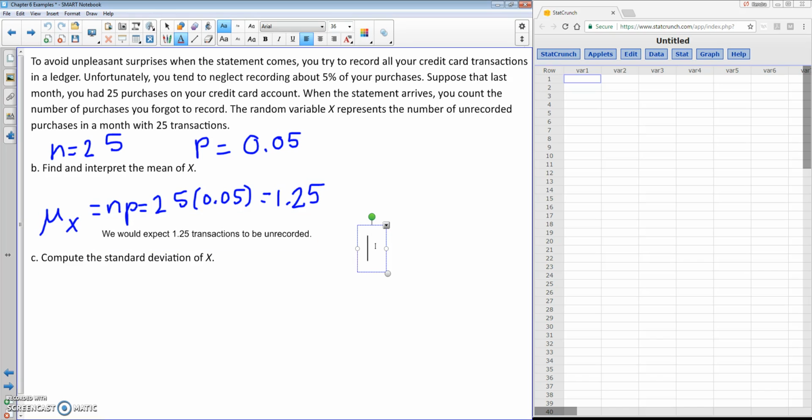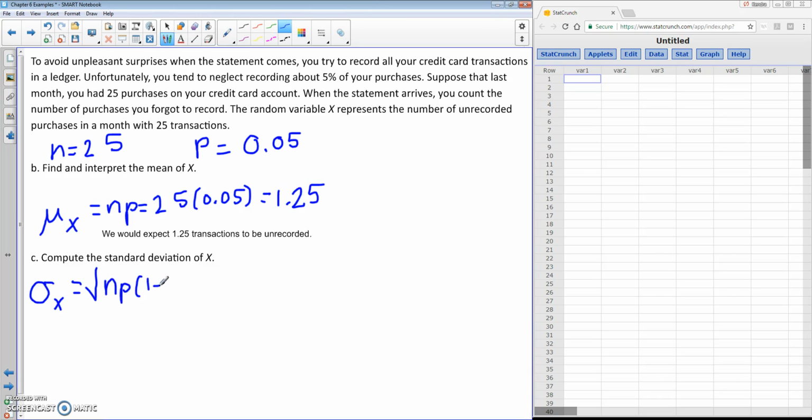Now we want to compute our standard deviation. Again, another simple formula here, and again we're going to have a subscript of x. So our sigma, our population standard deviation symbol, with a subscript of x to denote that it's a random variable, is equal to the square root of n times p times 1 minus p.